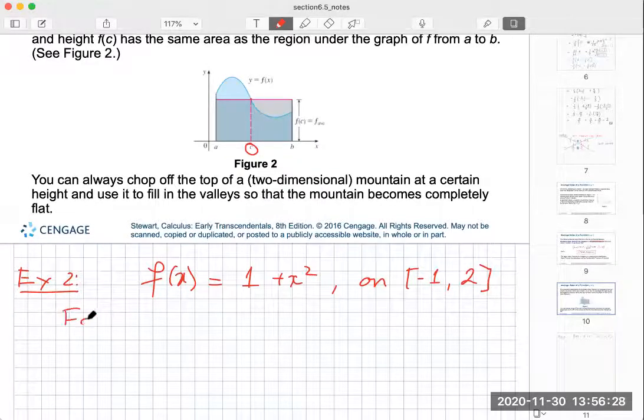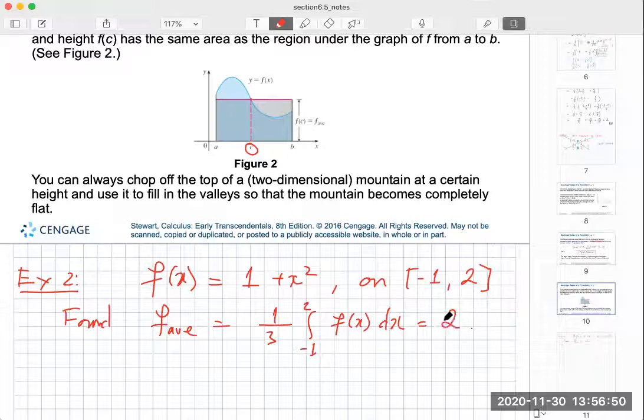We found that the average value is 1/3 times the integral from -1 to 2 of f(x) dx, which is 2, right?